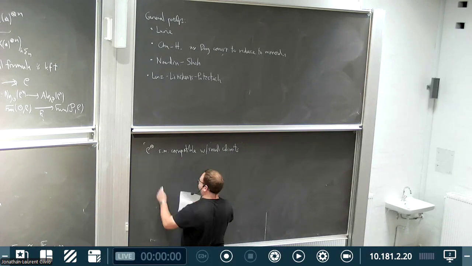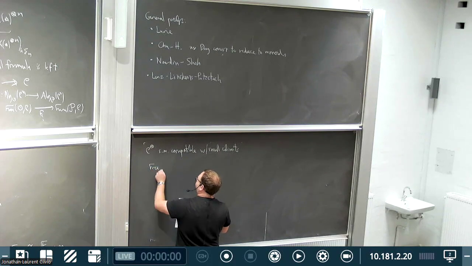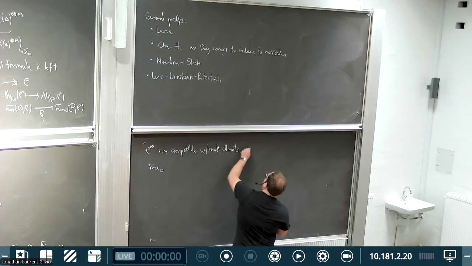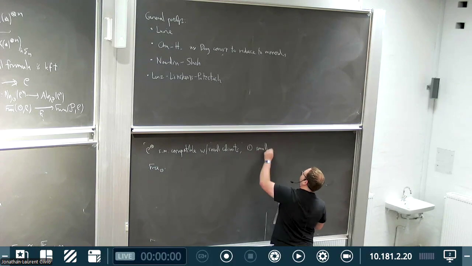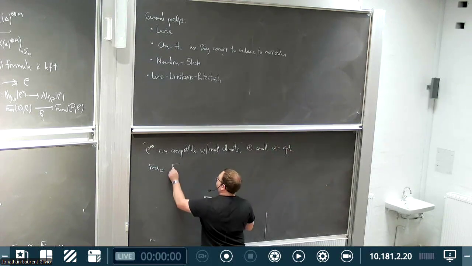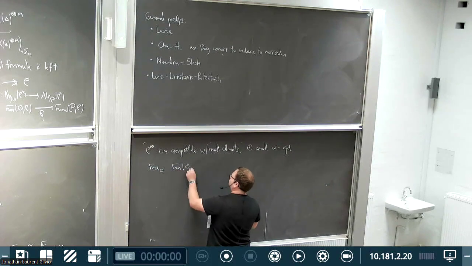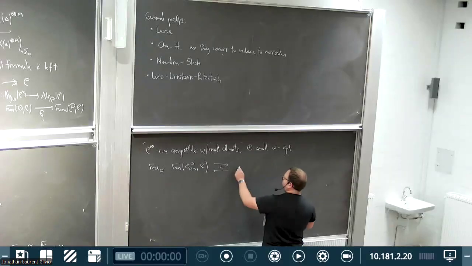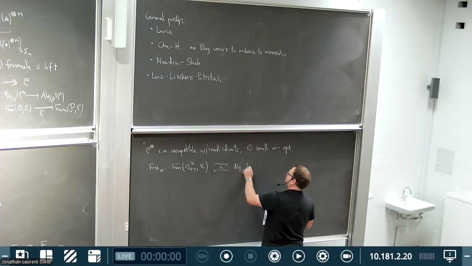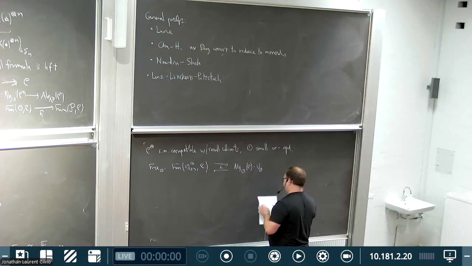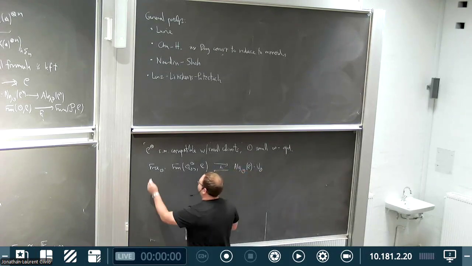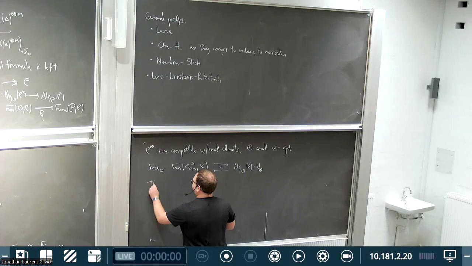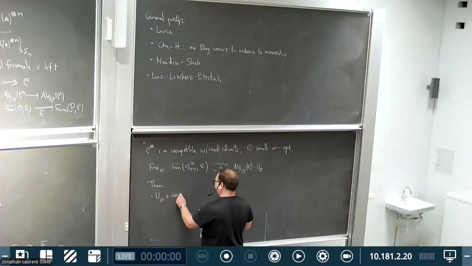So I have this adjunction. Some things that are true: U_O is conservative.